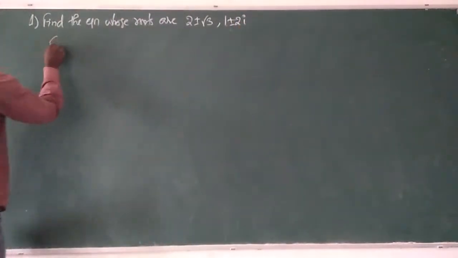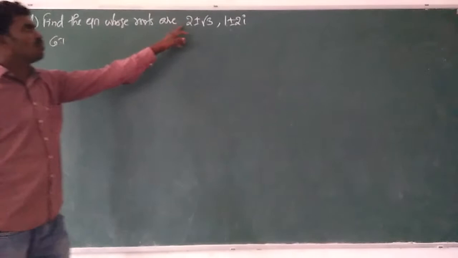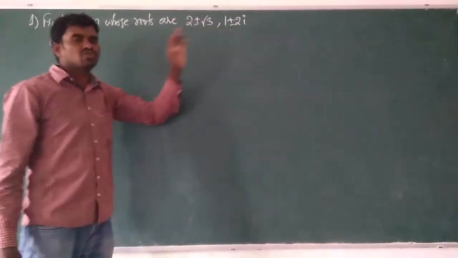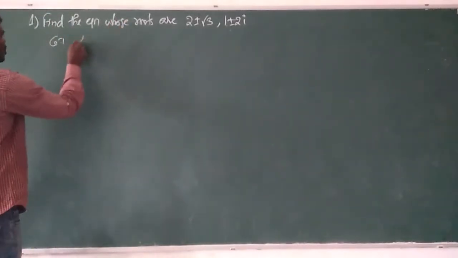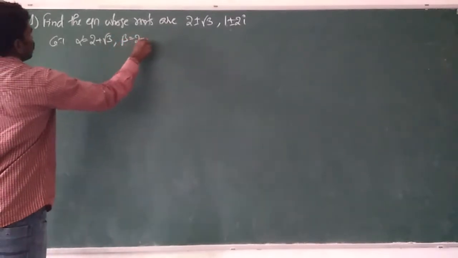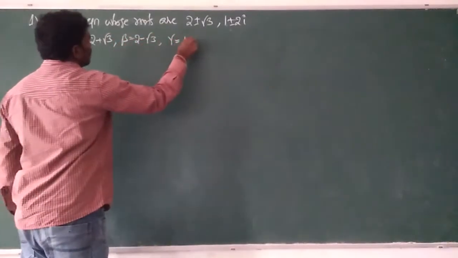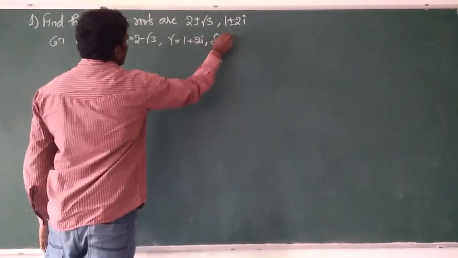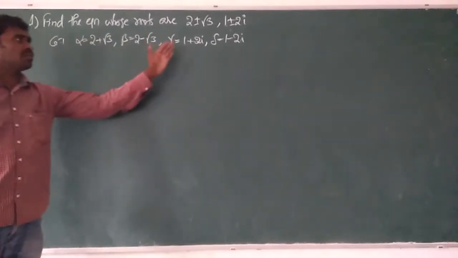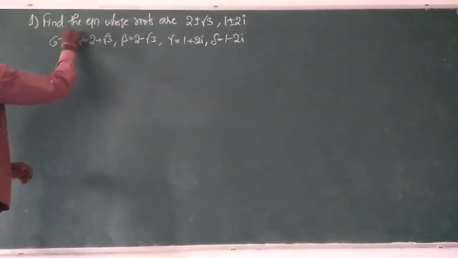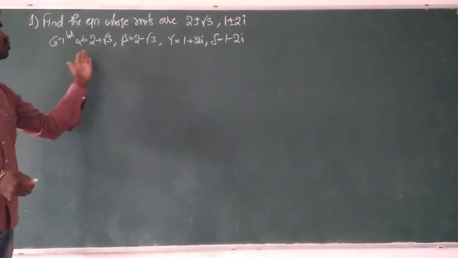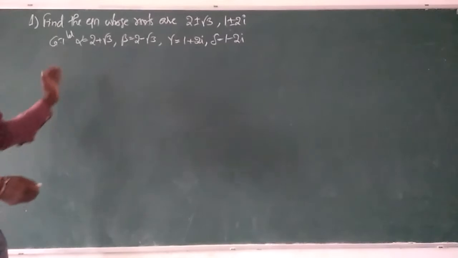Okay, so given that, here 2 plus root 3, 2 minus root 3, 1 plus 2i, 1 minus 2i, 4 roots are given. Let alpha equal 2 plus root 3, beta equal 2 minus root 3, gamma equal 1 plus 2i and delta equal 1 minus 2i. Am I right? So alpha, beta, gamma, delta are the roots of the equation.